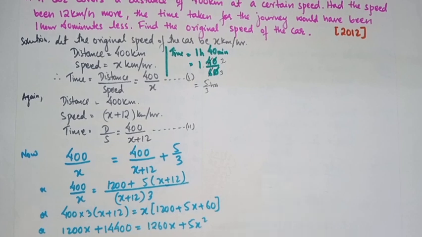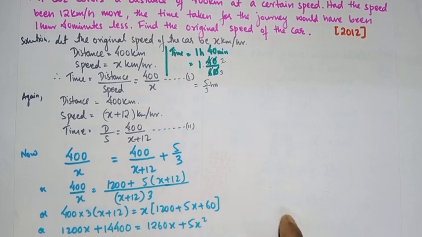Now what I'll try is to take all this to that side, because from my plus 5x, if I bring this side it will be minus, and I don't want to make the x square coefficient negative, so I'll take this whole thing to the other side.